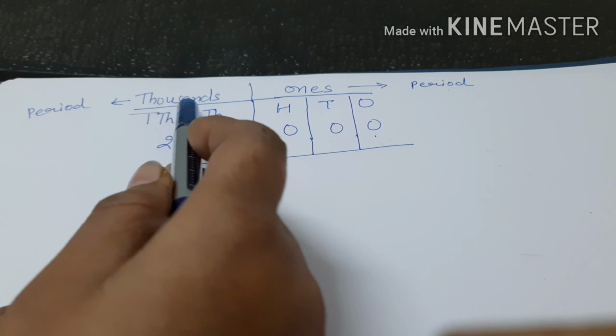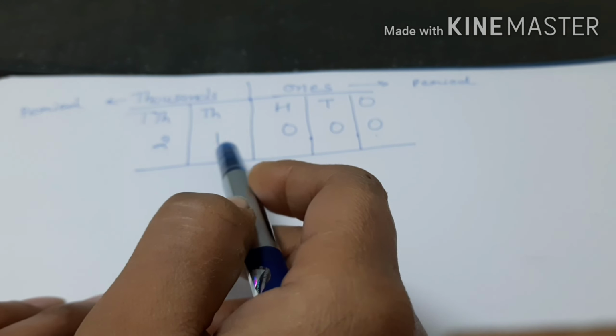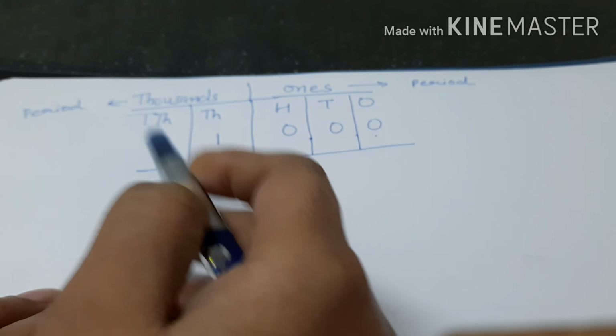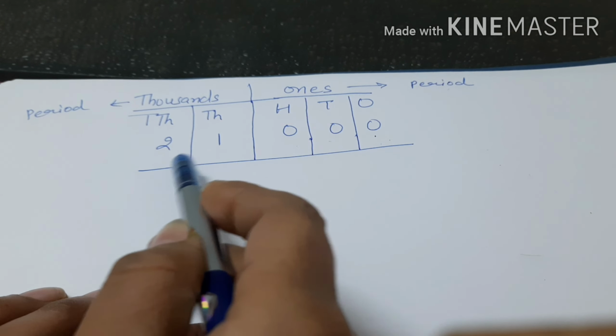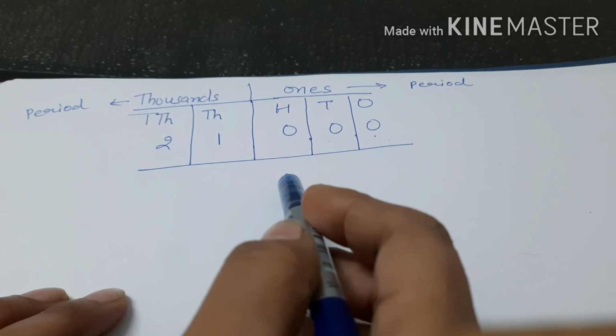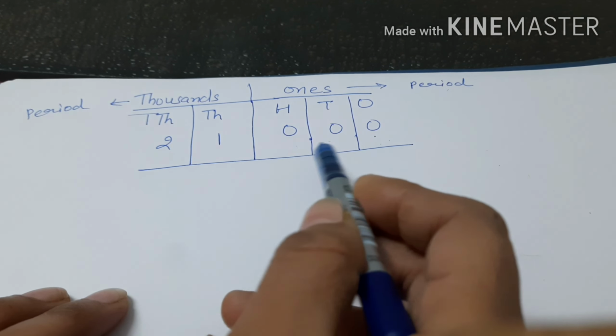In the thousands period, 1 is in the thousands place and 2 is in the ten thousands place. So 21 is in the thousands period. So when the period contains 0 we don't name that period in word form.